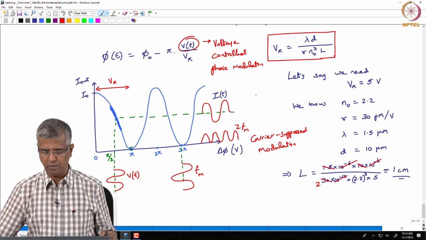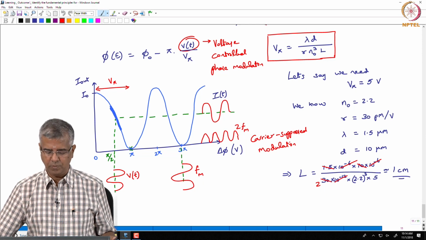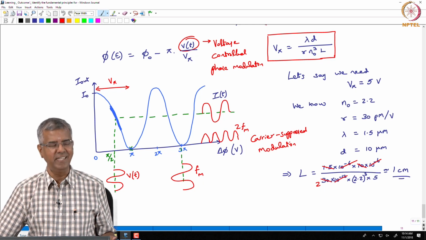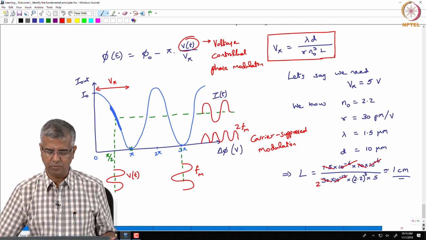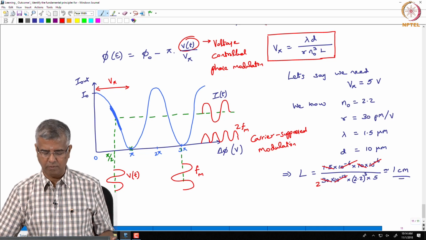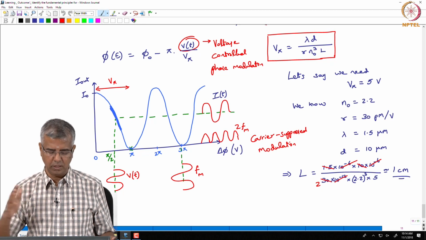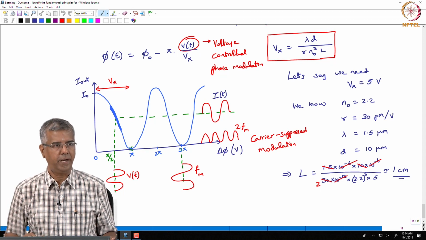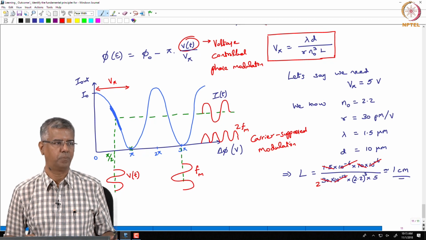So we looked at biasing at different points and what response we get to see. If you want a purely linear response, which is fairly important for communication applications, if you do not want any distortion of your signals, you should operate at which point? At that pi by 2 bias point, right.